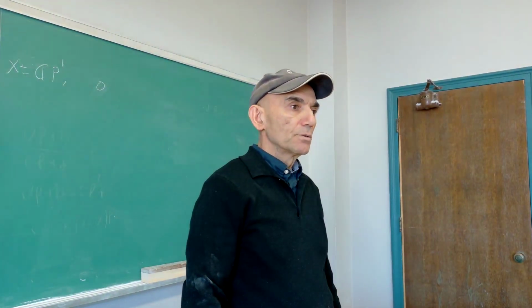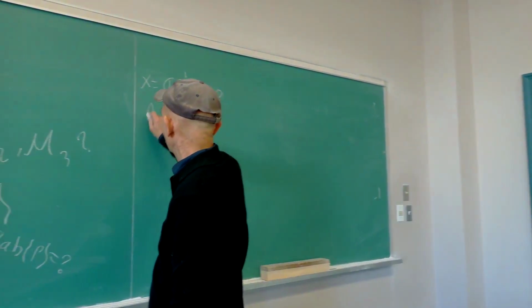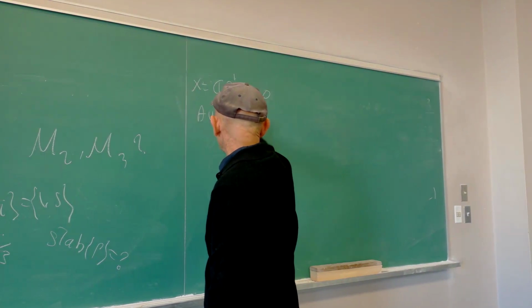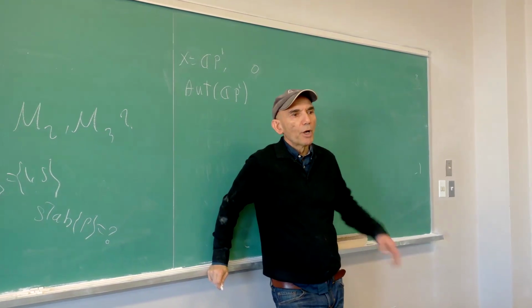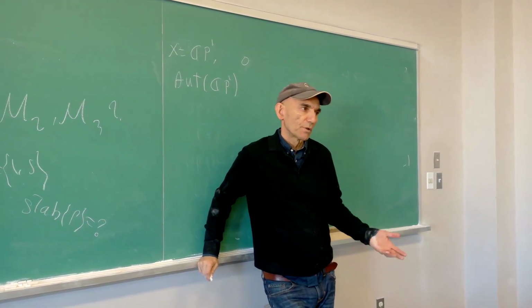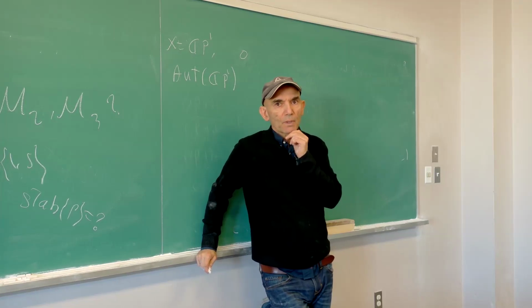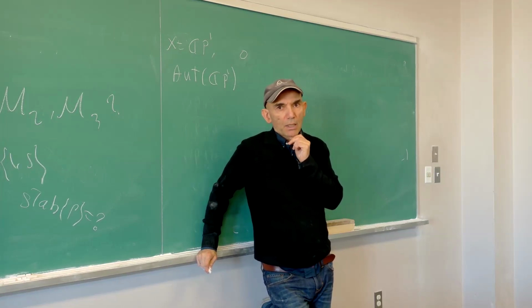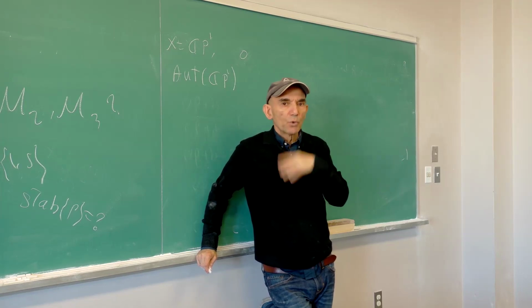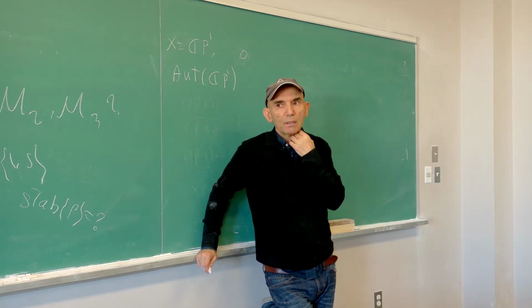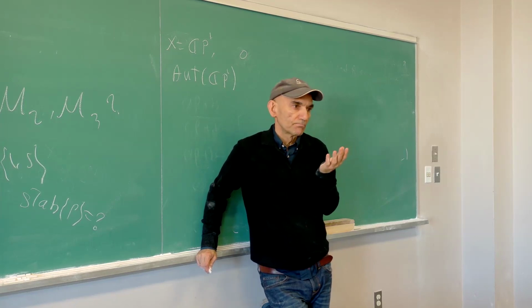So there is a fact about Mobius transformations. First of all, automorphisms of CP1. What do we mean by automorphism? I mean all biholomorphic maps from CP1 to CP1. They are actually completely known. This is the holomorphic symmetry group of CP1, and that thing is just Mobius transformations.